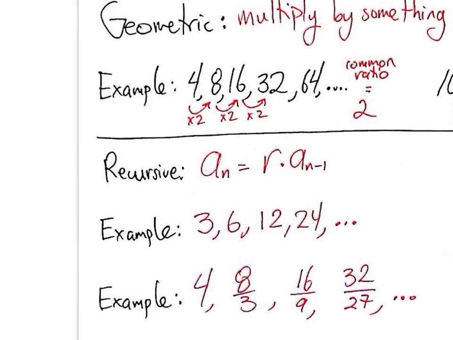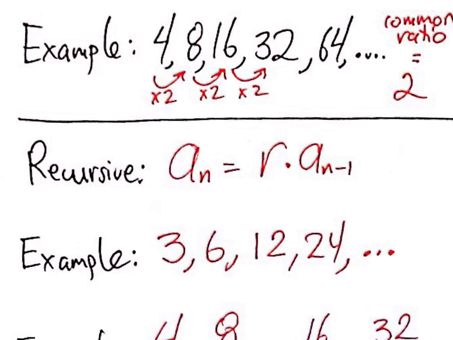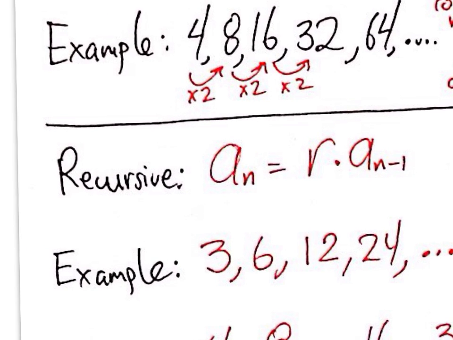Okay, so recursive formula. Any term is equal to the common ratio times the term before it. Let's write out those words. This notation is sometimes confusing for students. So this is the term before, keep it simple, and this is the term.